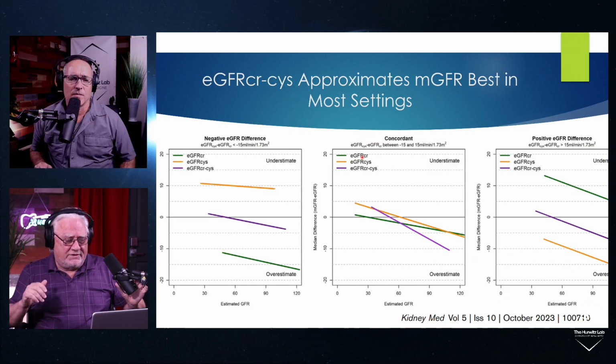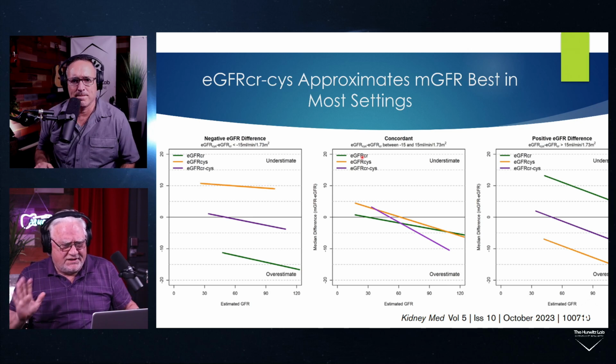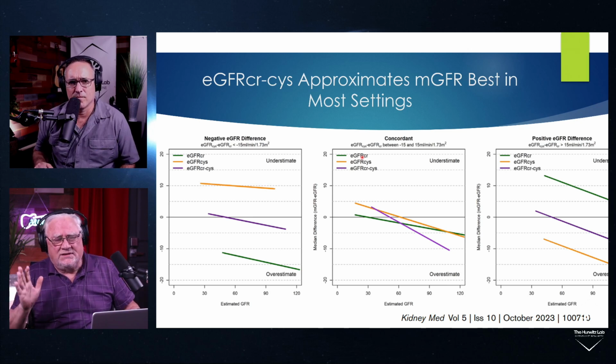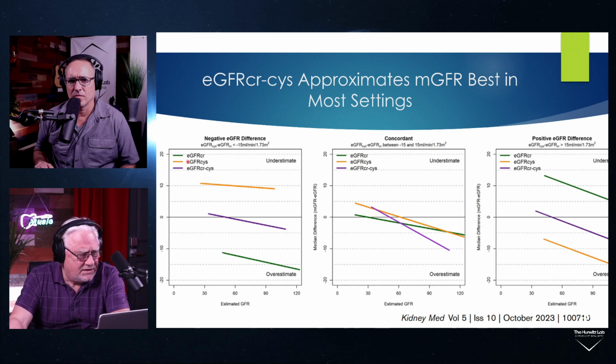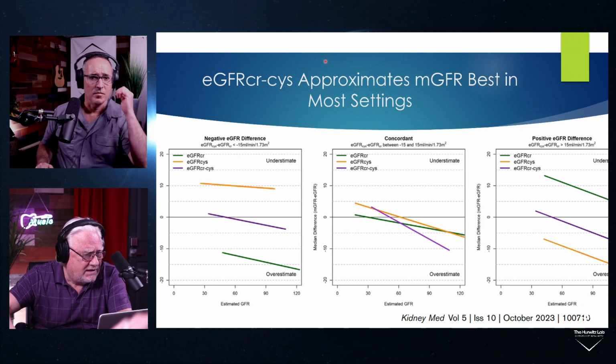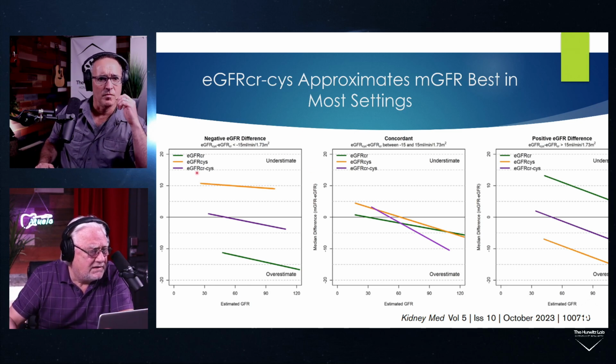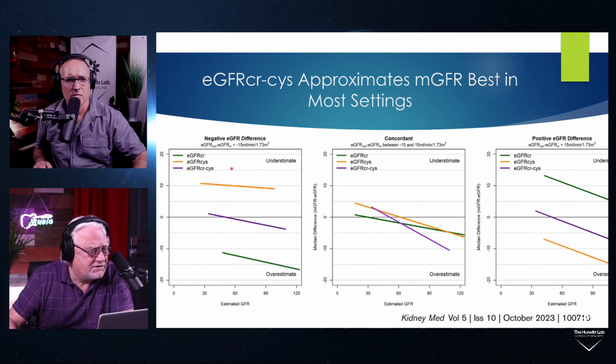This is a relatively small, single population. I think it was about 1,500 people that had a cystatin C, a creatinine, and a measured GFR done. And just to show you, this is the group of people where there's a negative difference between the eGFR cystatin and eGFR creatinine.